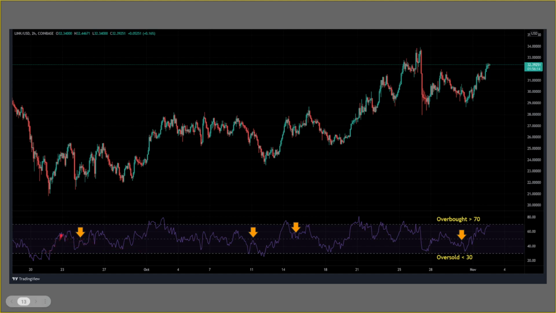So RSI breaches past the 50, falls back to the 50. Arguably, this held, right? We don't see a meaningful bottom to it. It continues upward. Let's say you bought here. Technically, this would have been a successful long, right?